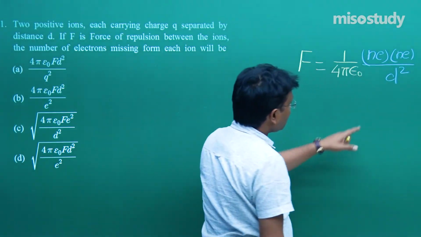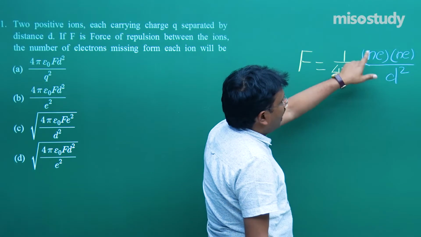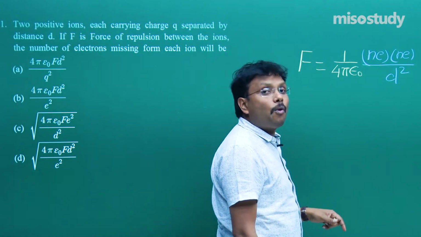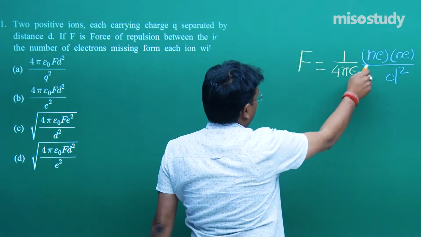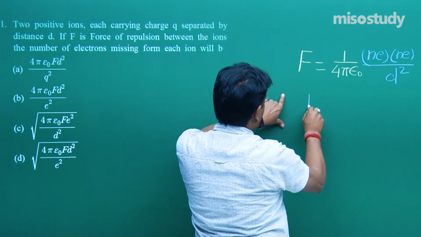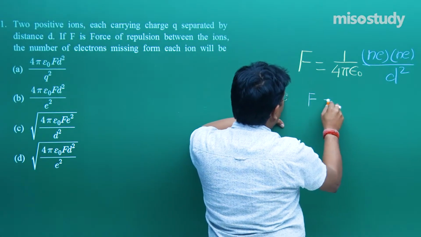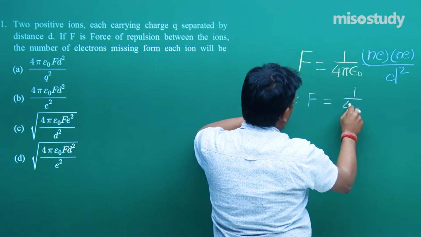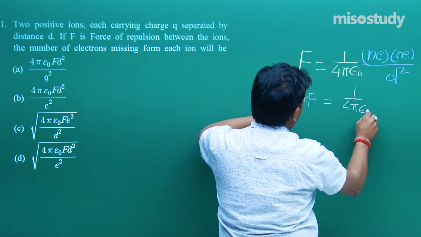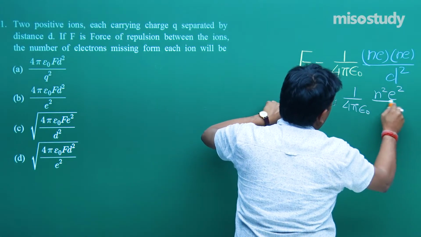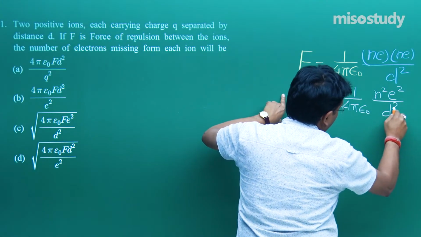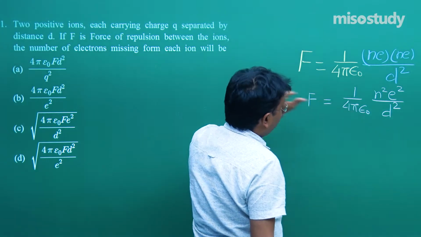Now, in just one line you will get the solution. How exactly can you find the solution? From here I can write 1 over 4 pi epsilon naught N square e square upon d square. I hope no problem to anyone.